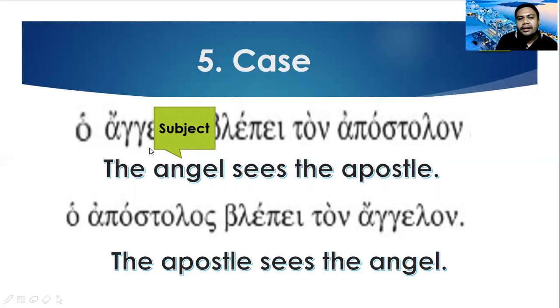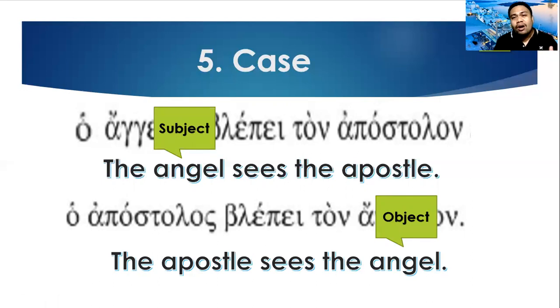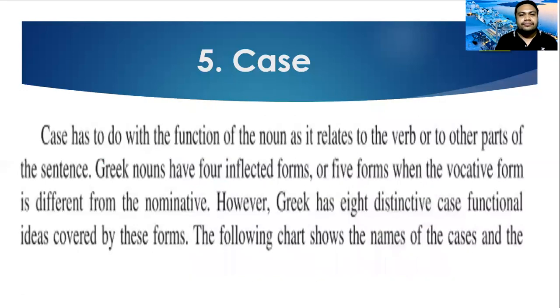So you have seen that the angel becomes the object and it appears differently. The same is true with apostolos. In the first sentence, apostolon is the accusative, the object, whereas in the second sentence, it is the subject. Okay, so that is how case works.